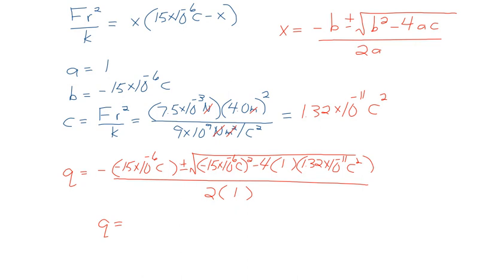I don't have to put the negative in because when you square a negative, it's still going to be a positive. So I'm going to open parentheses and go 15 EE negative 6, close parentheses, squared, minus 4 times, I can skip the 1. I don't need parentheses here because I'm not squaring that 1.32 number, so I'm just going to put in 1.32 EE negative 11, and then hit equals.